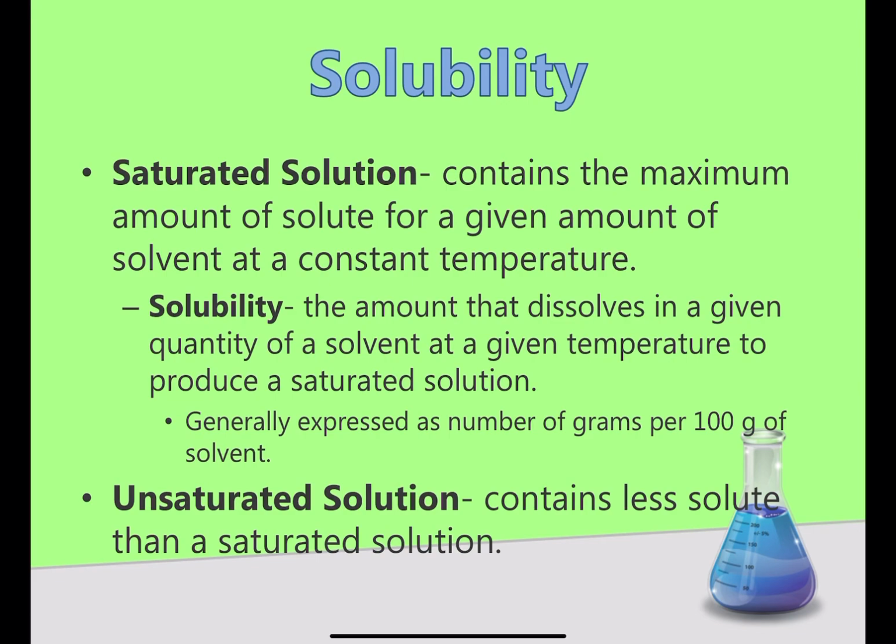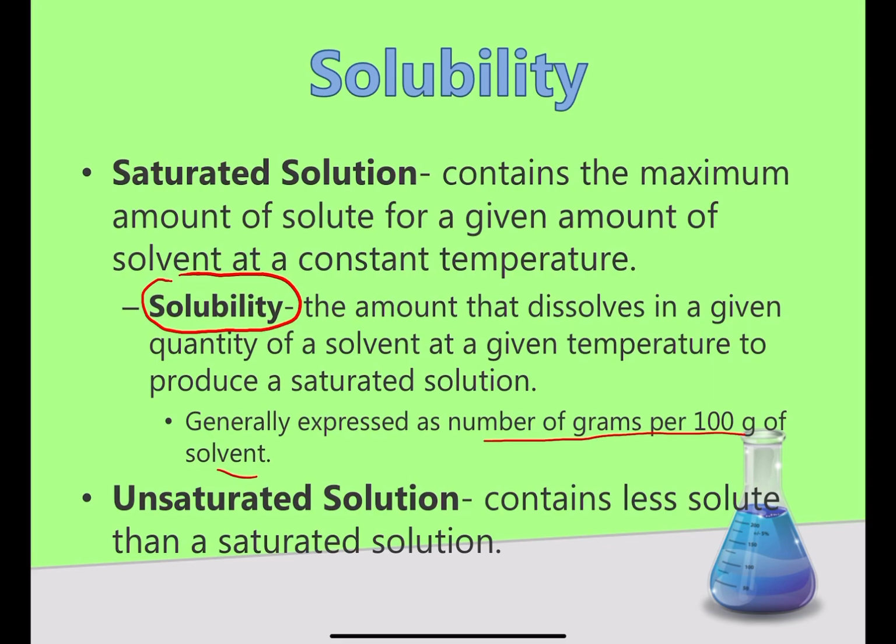But if you bump the temperature up a little bit, then you can get a little bit more in. And so this term, this 36.2 grams of salt per 100 grams of water, is called its solubility, the amount that dissolves in a given quantity of solvent at a given temperature to produce a saturated solution. And as we just said, it's generally expressed as grams per 100 grams of solvent.